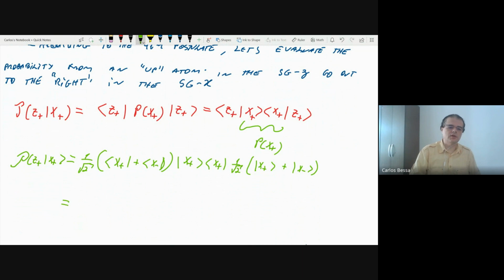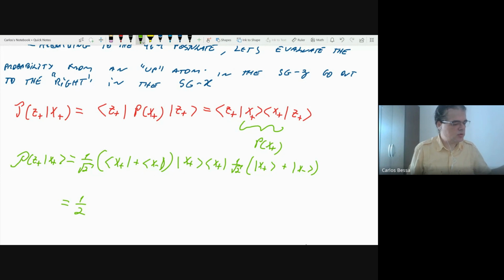If you do that, we'll find that the probability is 50%, right? Which is obvious. The electron that goes up has probability 50% to go to the right and 50% to go to the left. Because here this is 1, this is 0, and this is 1, this is 0.